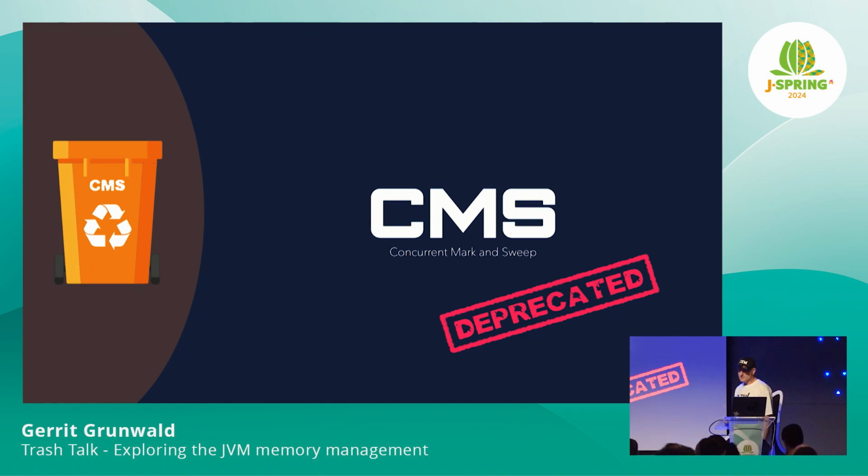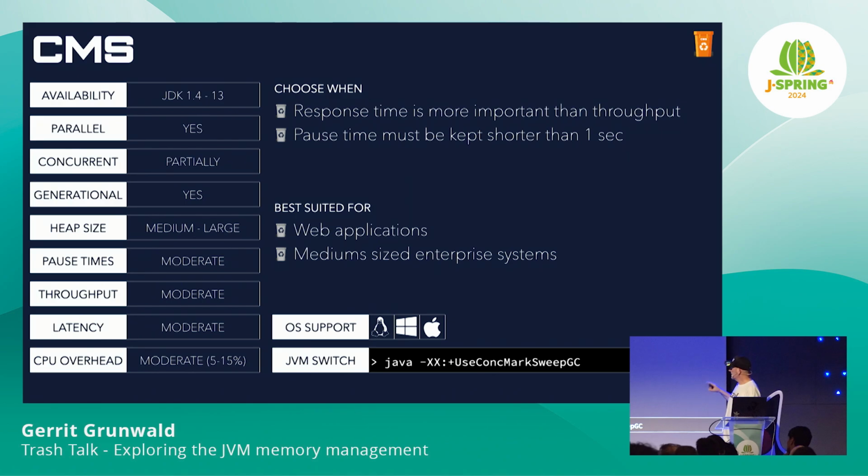This one is deprecated, so that means if you're on JDK 17 already, you can't even select it anymore. It was removed in JDK 14, and it was deprecated in JDK 9. And it doesn't mean it's a bad collector. It was in the JDK from JDK 1.4 to 13, and it's partially concurrent, so not completely.